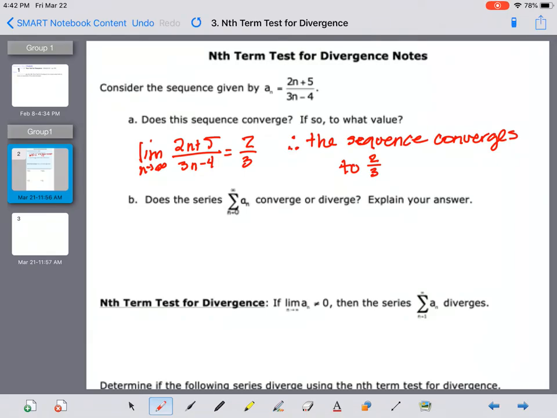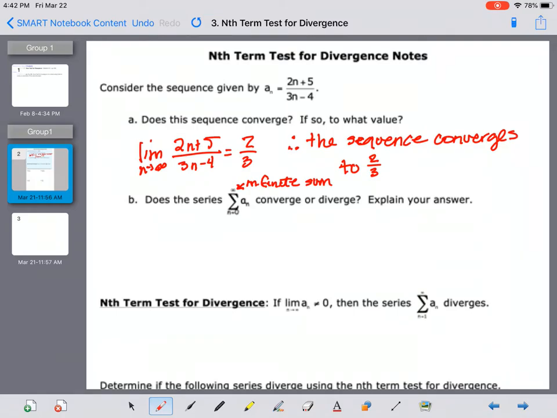We're talking about an infinite sum here, that idea of infinity. So going on forever and ever, if we keep adding terms, is it going to get close to a single value, or is it going to blow up and keep getting larger and larger in value?